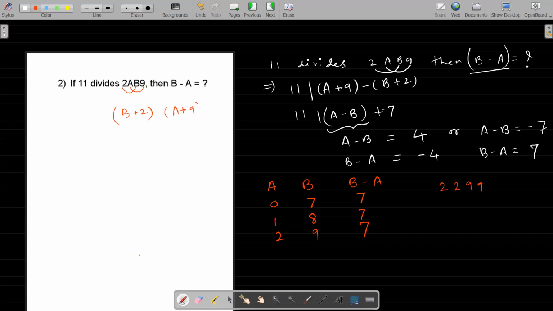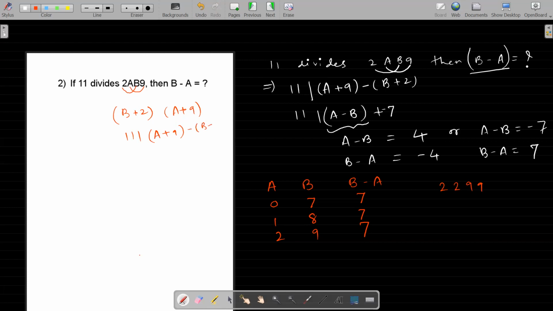The difference, this minus this or this minus this, should be divisible by 11. Put it this way, A plus 9 minus B plus 2, and that means 11 divides it.